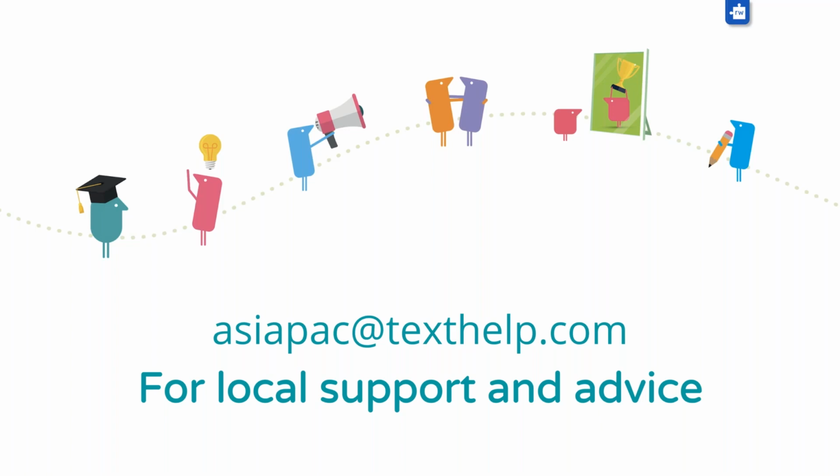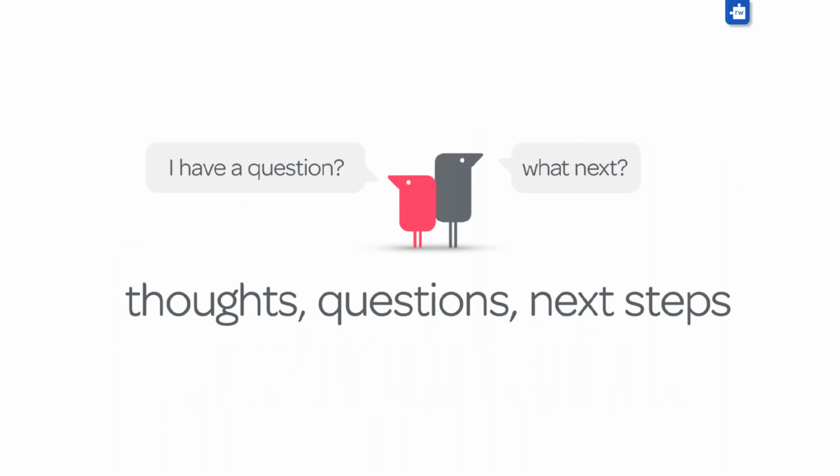We've got educational technology specialists, people in the sales team and the marketing team. We've also got our technical support team headed up by Siobhan, and so we can give you support in real time in Australia, in New Zealand, and across all the Asia Pacific region. To do that, you just need to contact us at asiapac@texthelp.com.